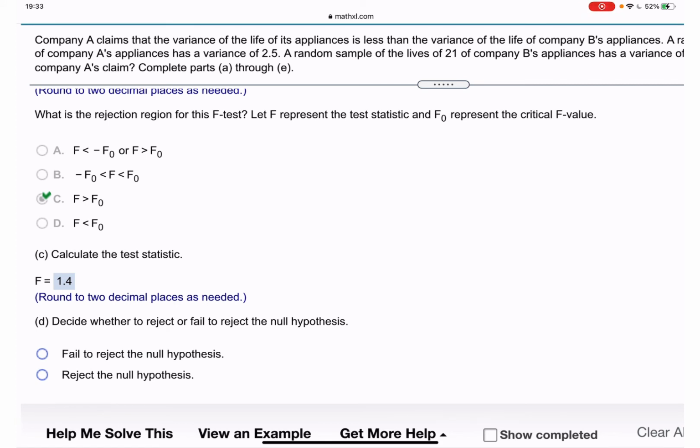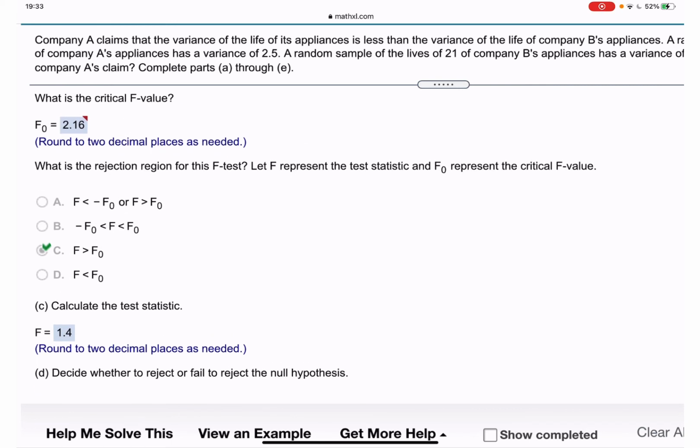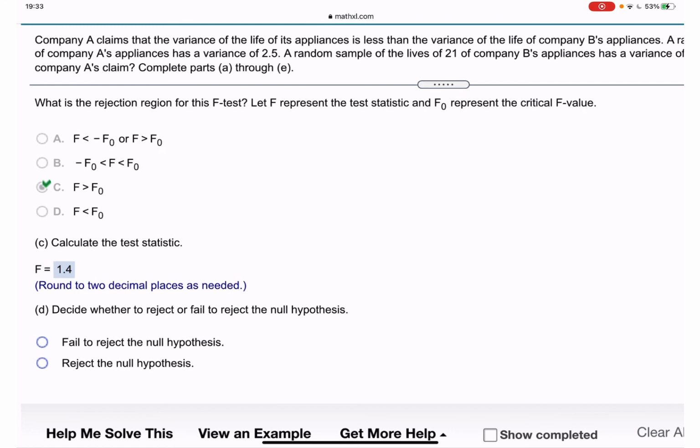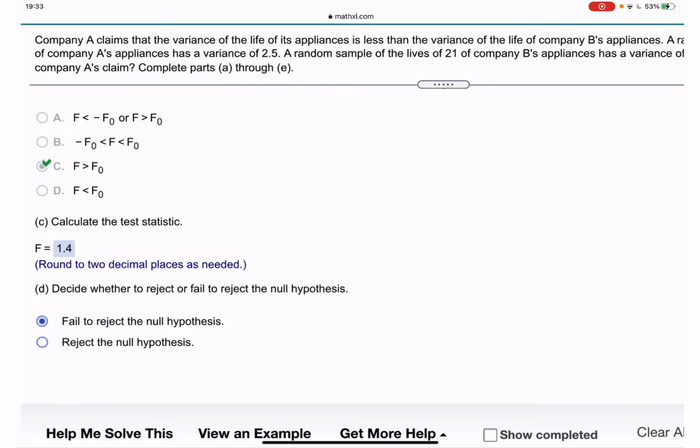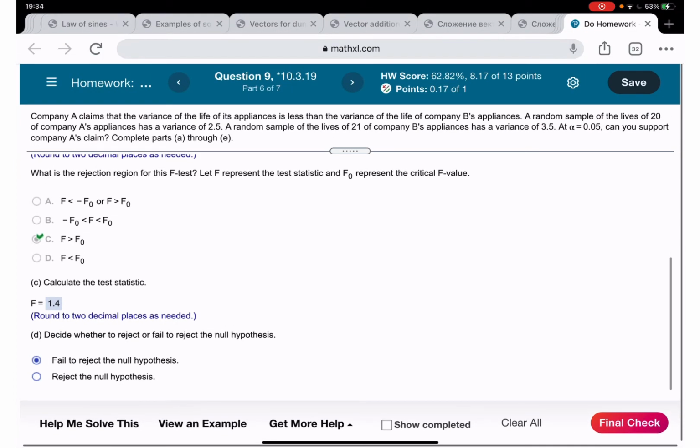Next we need to make the decision. If our test statistic is 1.4 and the critical value is 2.16, then we fail to reject our null hypothesis, because it's falling in the healthy area.